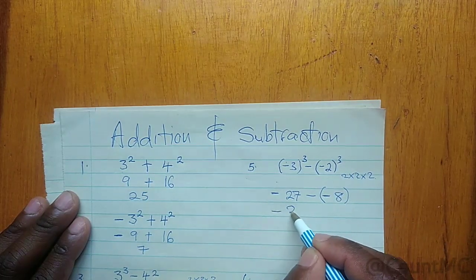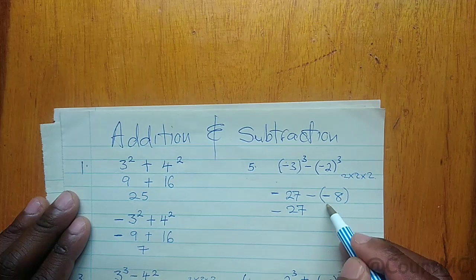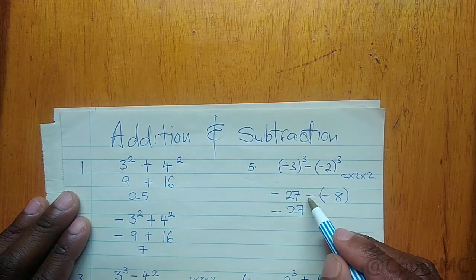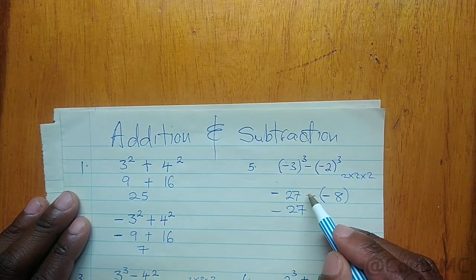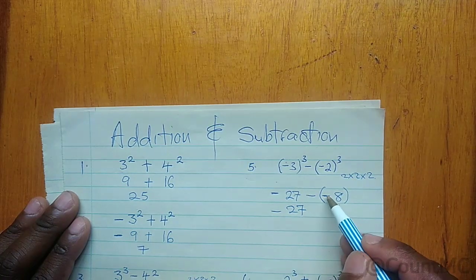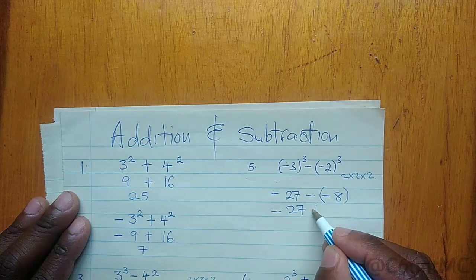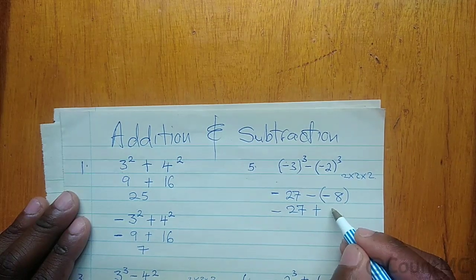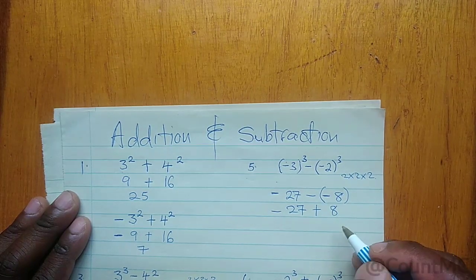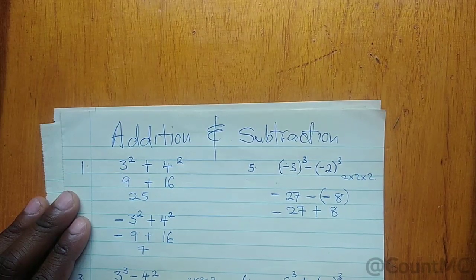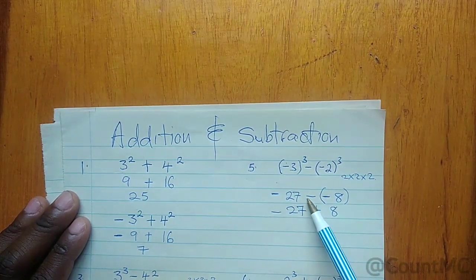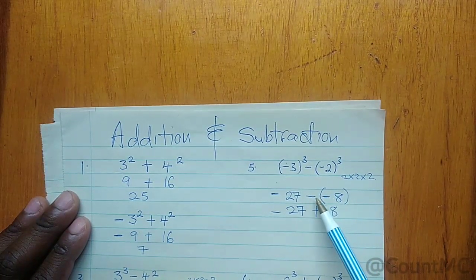Now, minus 27. Remember, a bracket means you'll be multiplying with whatever is outside the bracket. Minus times minus, you've got 2 negative signs, so it's a positive. These 2 will turn into a positive, and this will be an 8. Remember, we said you count the number of minus signs when they are multiplying each other.